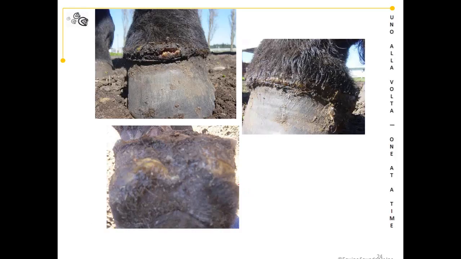Some people may mistake this for a coronet abscess. In this particular case it was not. This abscessing went all around the hoof capsule. And this horse, you see it here, it went all around.